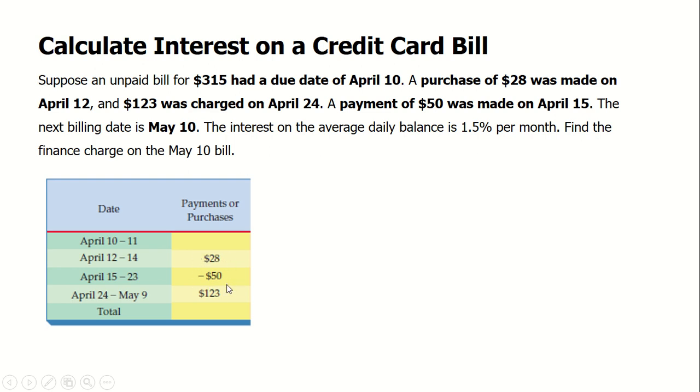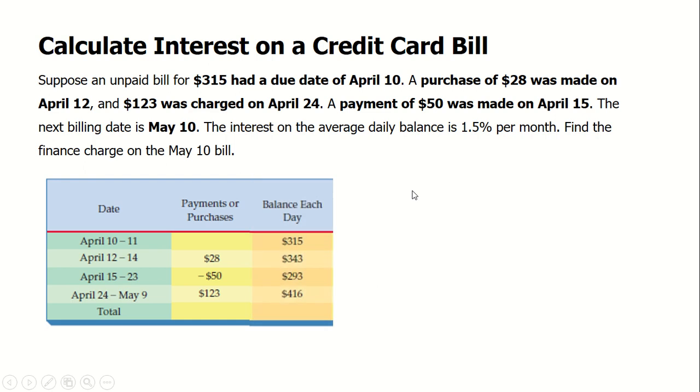Purchases are positive since they are added to your bill, and payments are negative since they are subtracted from your bill. April 24 is when you made the purchase, and it runs until May 9, since May 10 is the billing date.